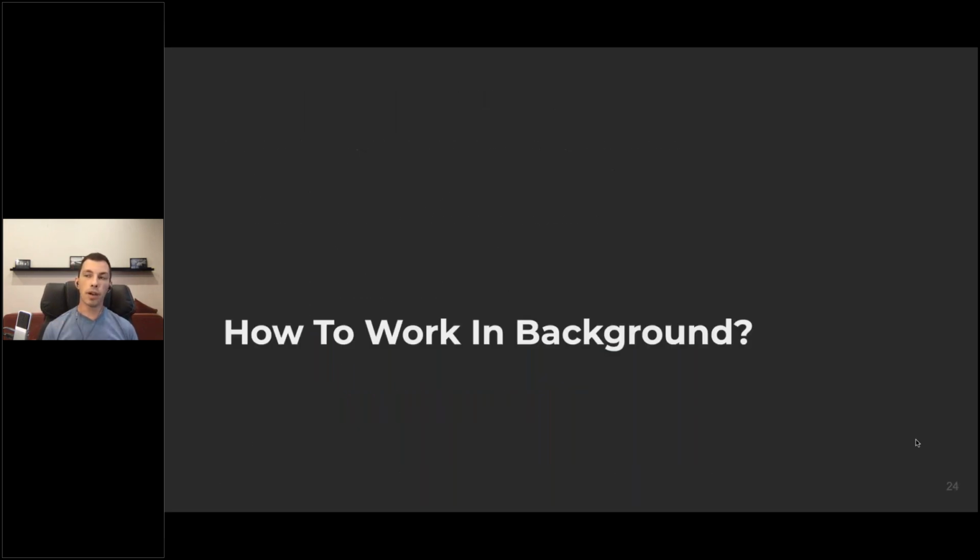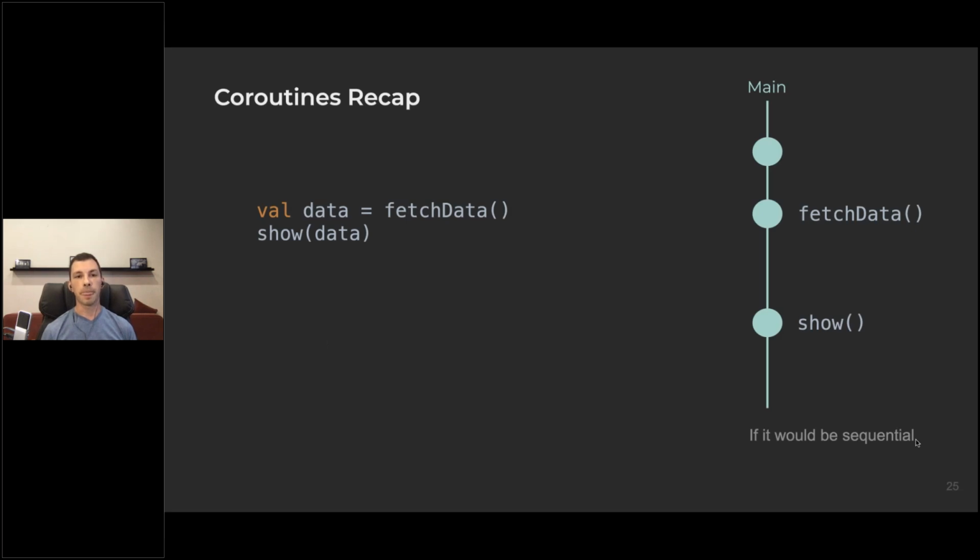And before I tell you how we do it in the background using coroutines in our initial architecture, let's recap our knowledge about coroutines. Here are a few lines of our regular sequential code, and our fetch data function. This is a quite heavy method, and we do, for example, an API call there.